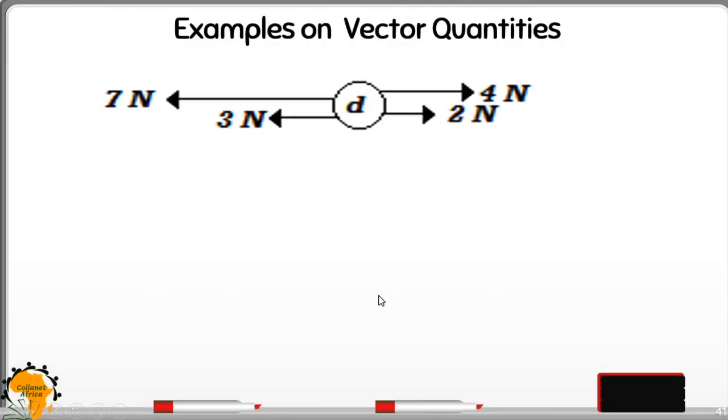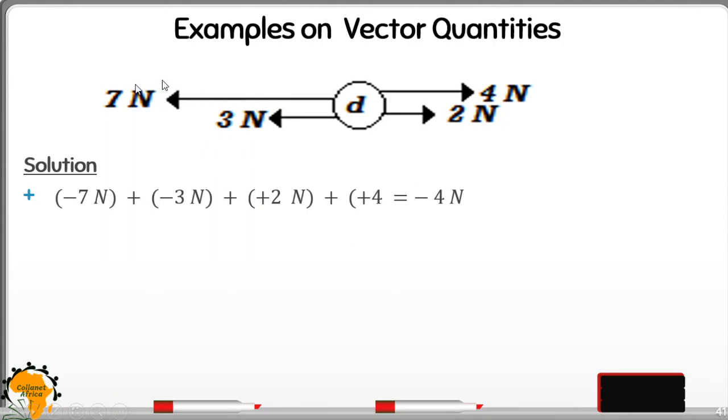Then we look at another example. You have 4 forces that are acting in different directions. So to get the resultant, we consider these ones that are acting in this direction to be negative. So we have negative 7 plus negative 3. Then these other ones, we take them to be positive. We have positive 2 and positive 4.